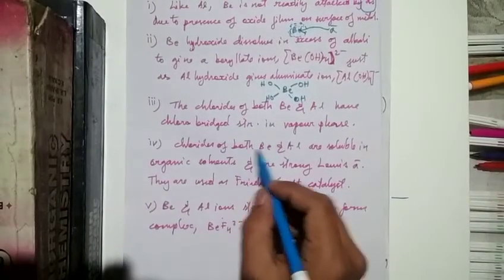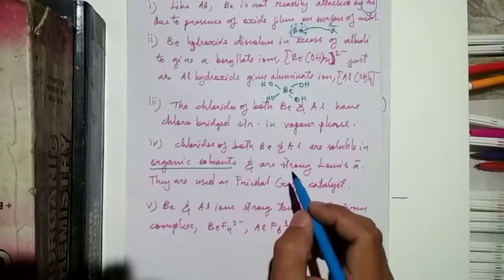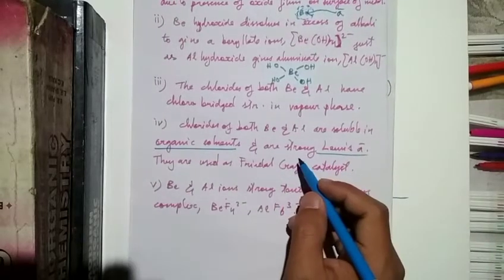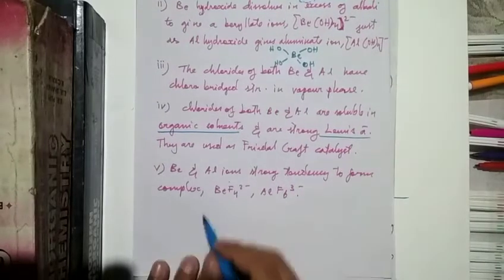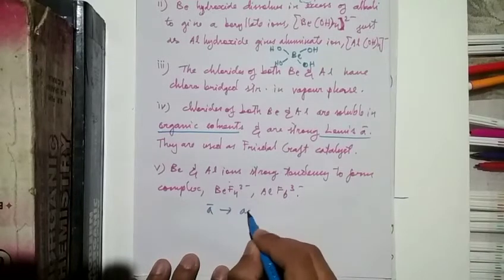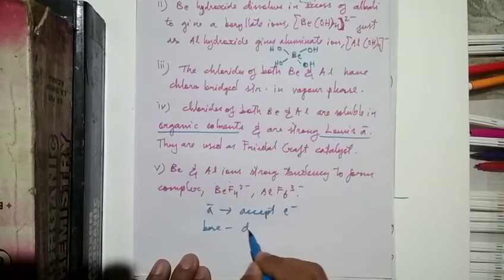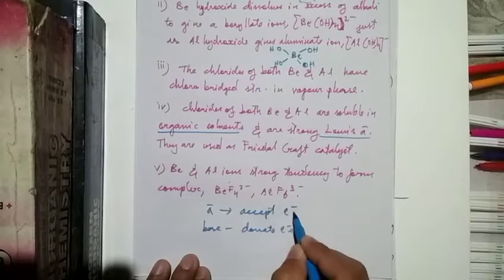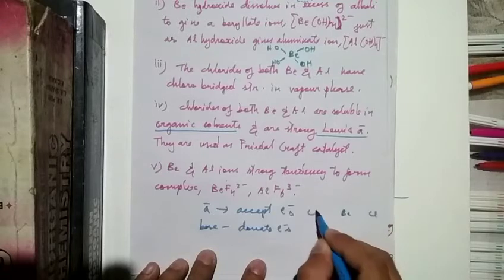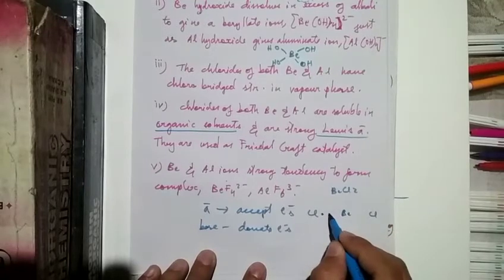Now chlorides of both aluminum and beryllium are soluble in organic solvents, and they act as strong Lewis acids. According to the Lewis concept, acids are those that accept electrons, and bases donate electrons. In this case, BeCl2, the Lewis dot structure will be like this.